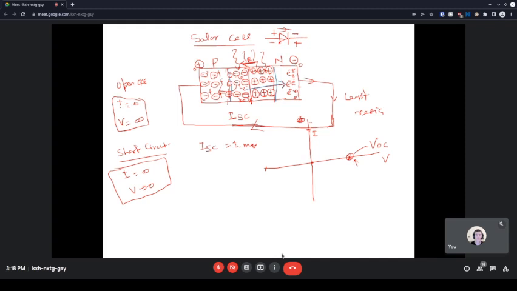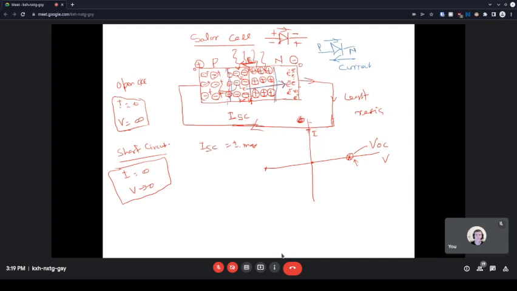So electrons are moving from p side towards n side. If you're having the diodes and electrons are moving from p to n, then it means currents are moving opposite to it. Am I right? Yes, sir.